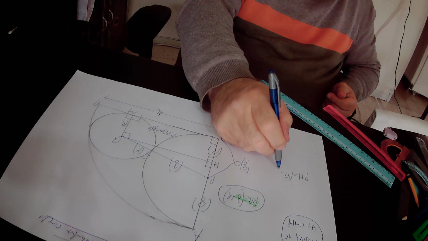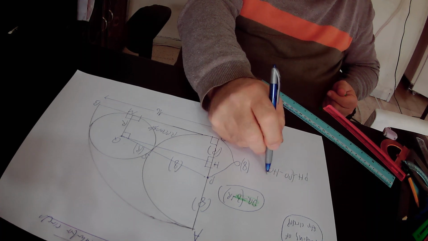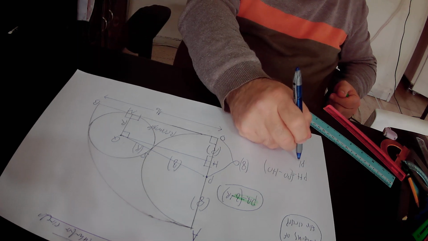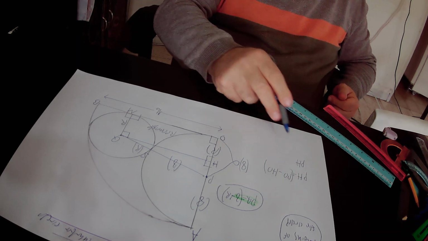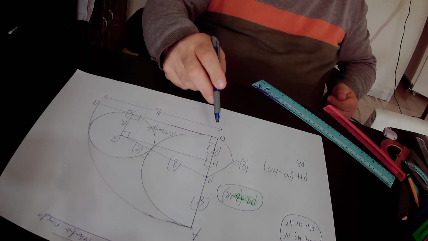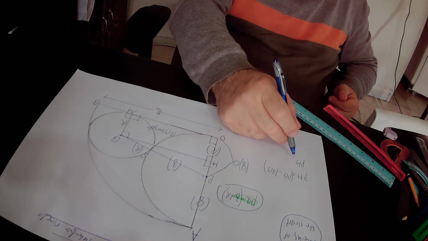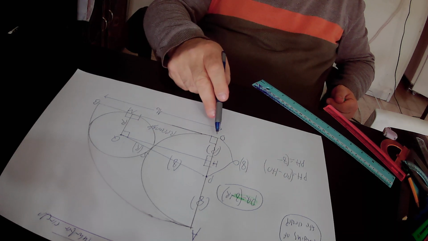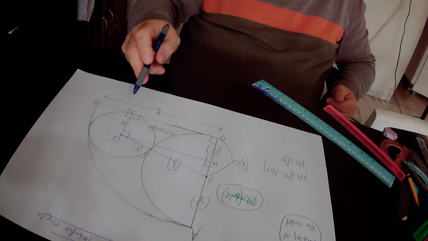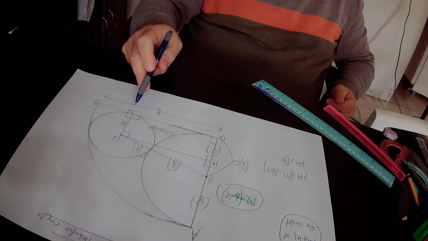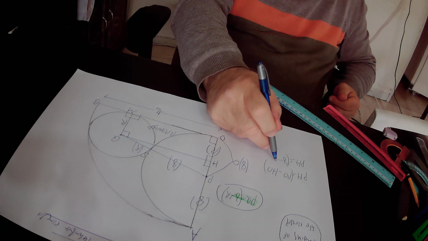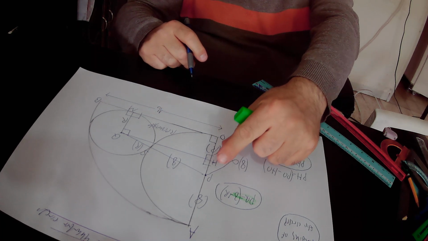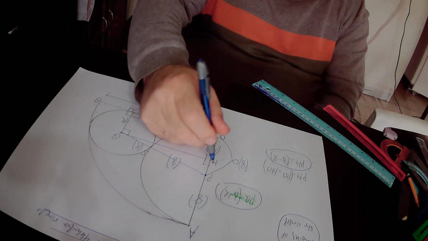PO is 8, it is the radius of the semicircle, that equals 8 units in length, minus HO. HO equals R, that is the radius of the small circle, that is the radius that we are looking for. So in total we find that PH, this small line segment PH, equals 8 minus R.